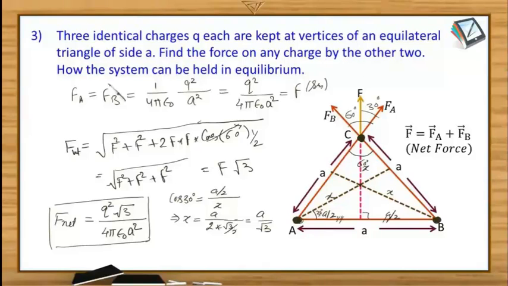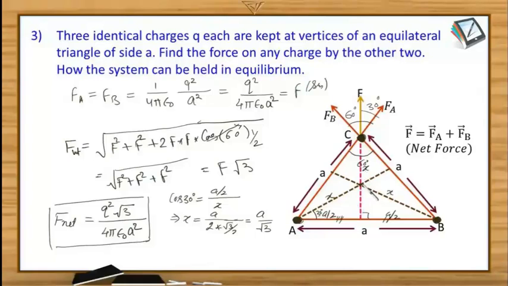And the other requirement of this question is how the system can be held in equilibrium. As we have already calculated the net force acting on this charge because of the rest two charges, it is coming out this way and with magnitude this. So to hold this charge in equilibrium, we need another force equal in magnitude to this force in opposite direction.